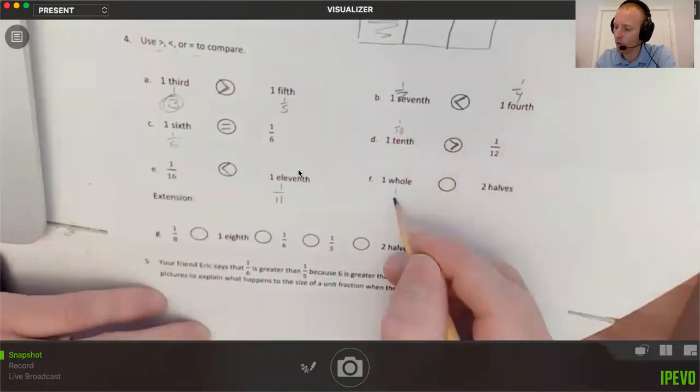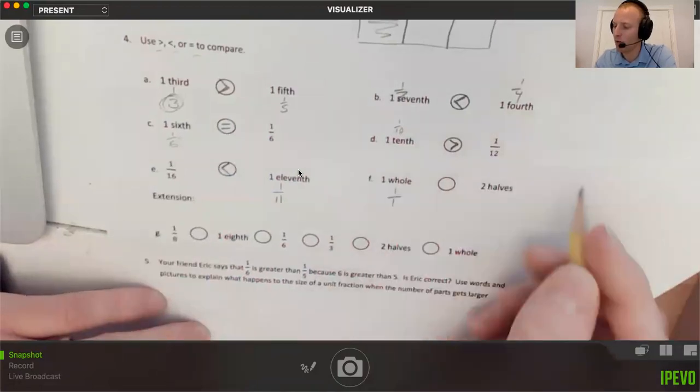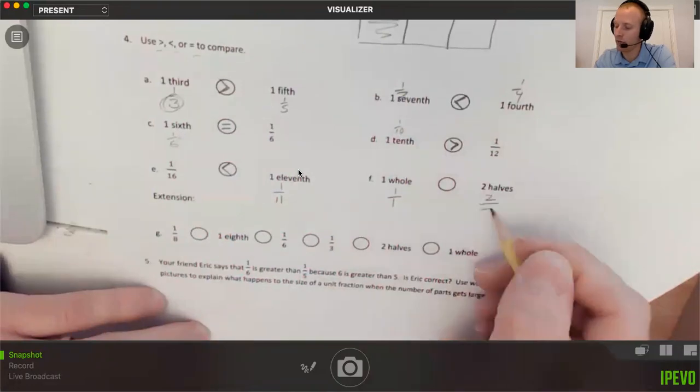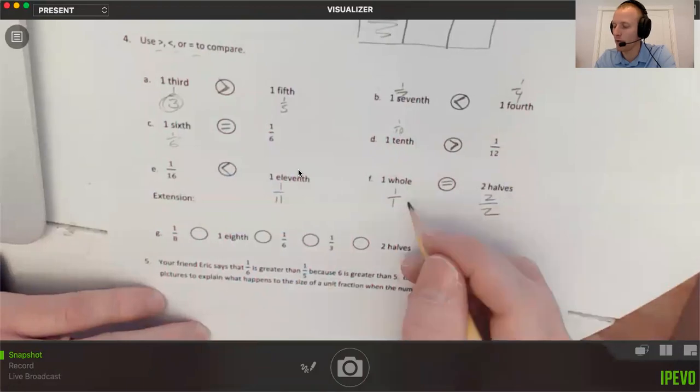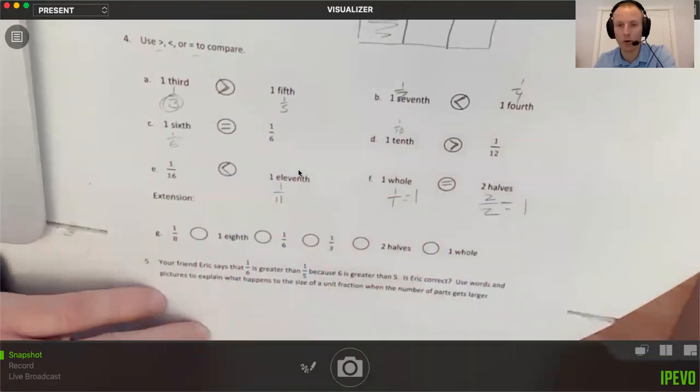And the last one is 1 whole, which is like 1 out of 1, versus 2 halves, which they're both 1. 1 whole, which we could just write like that. 2 halves also equals 1. So those are the same thing.